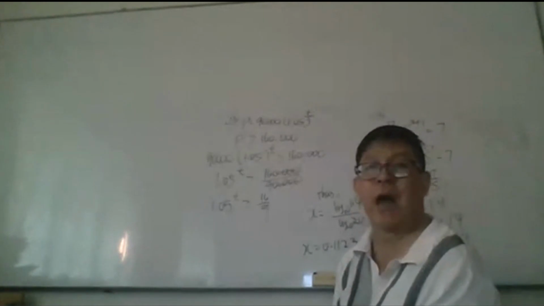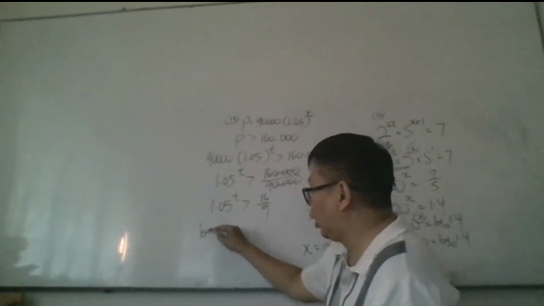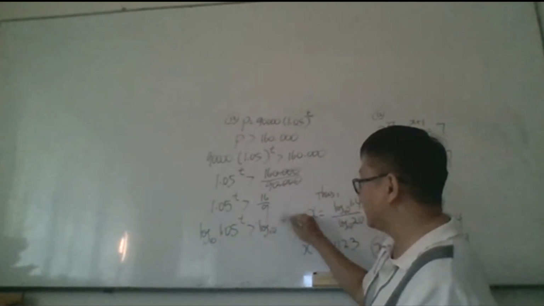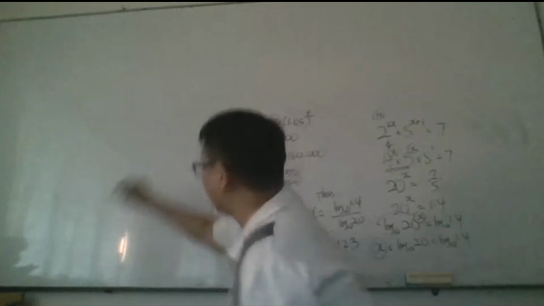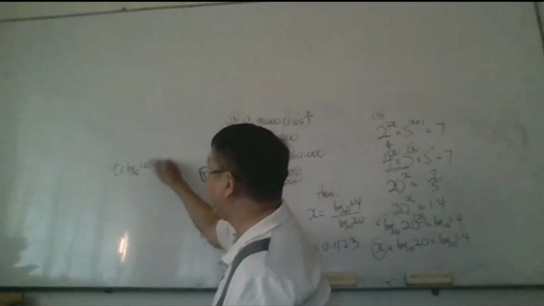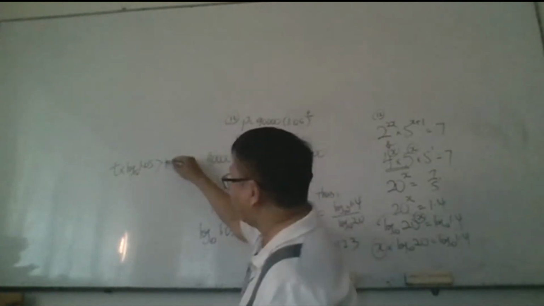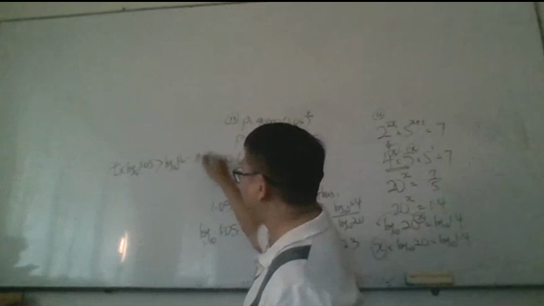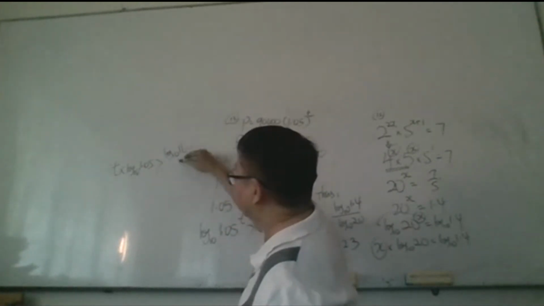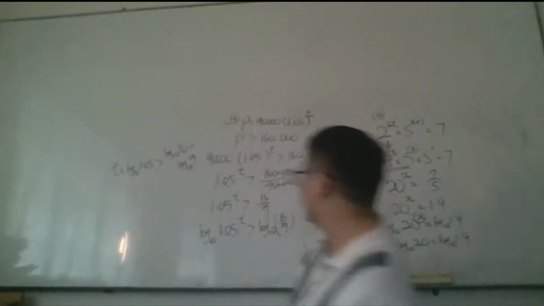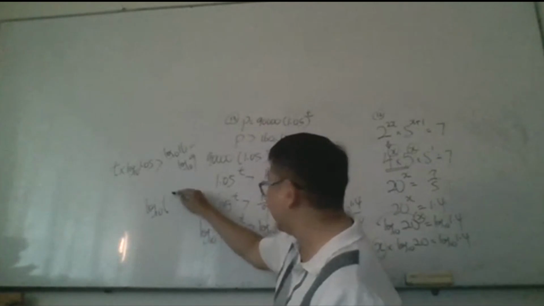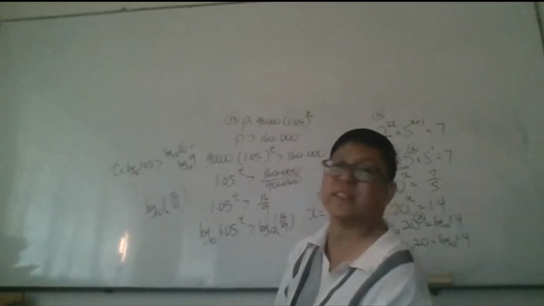In order to bring down the T, we need to put a common log, log 10 of 16/9. And so T times log 10 1.05. You can just use log 10 16 minus log 10 9, or you can just press the calculator, log 10 bracket 16/9, which will give you the same value.